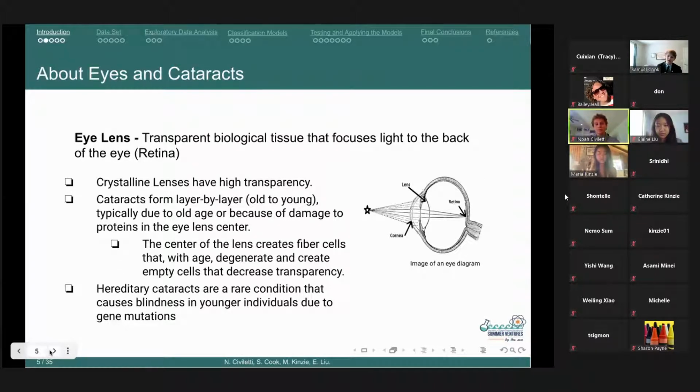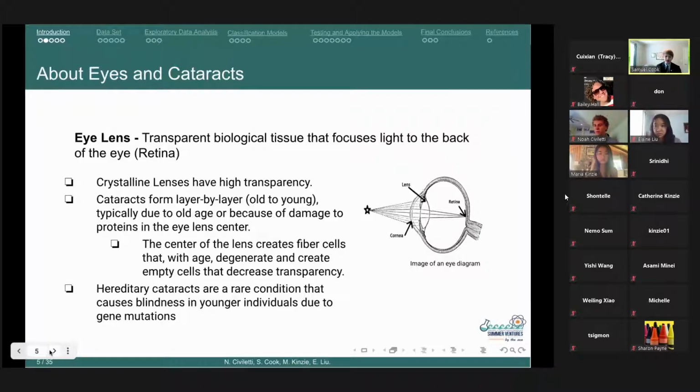First, we'd like to go into a little bit of background on the biology side of cataracts. So, the eye lens is a transparent biological tissue that focuses light into the back of the eye, or the retina. Eye lenses, otherwise known as crystalline lenses, have a very high transparency, but cataracts can form typically due to old age or damage to the protein in the center of the eye lens.